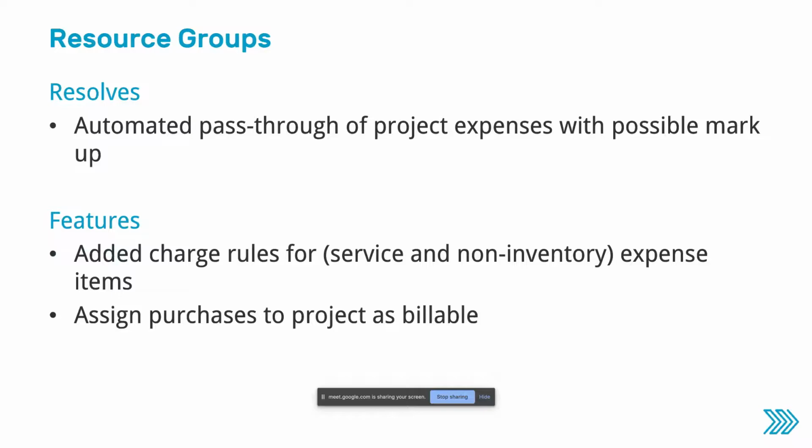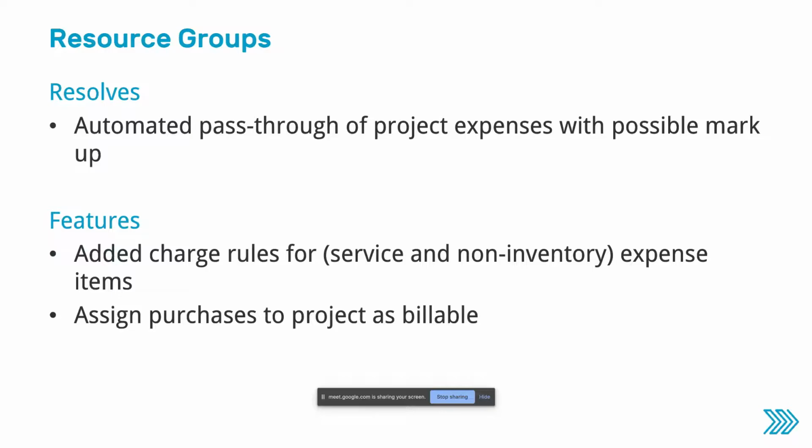So far on charge-based billing, it wasn't possible to use charges to pass through any expenses coming from purchases, such as expense reports or bills, and to charge those automatically as charges to your customers with a possible markup.